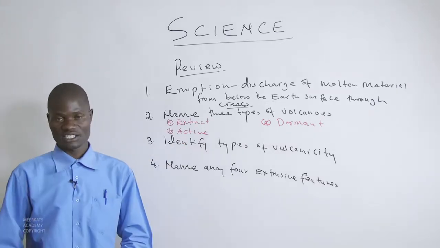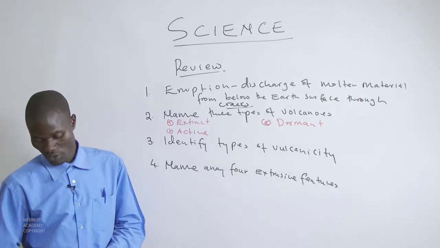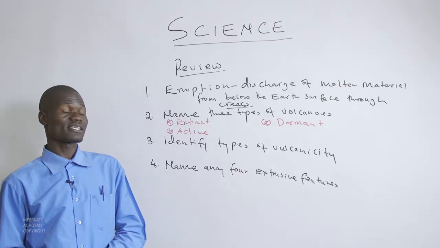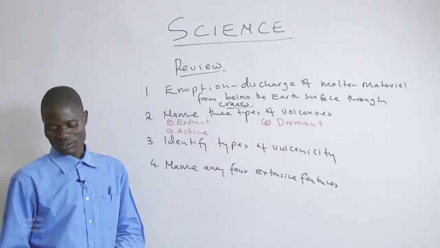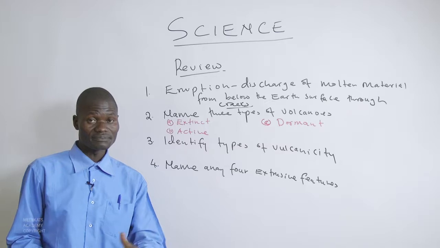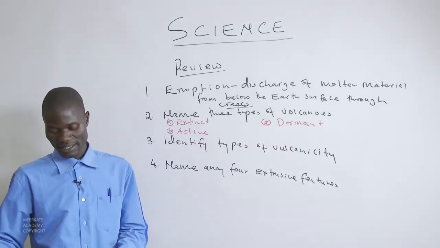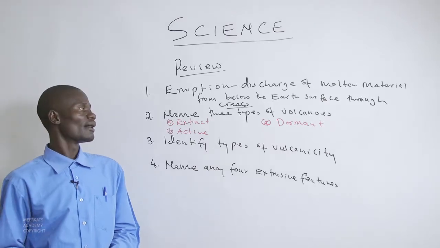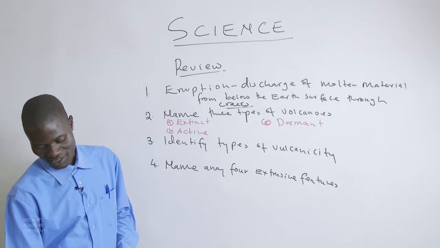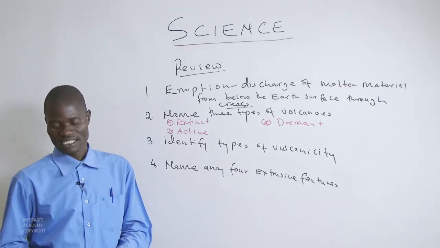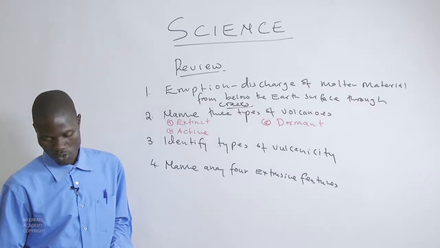Remember, an extinct volcano is one that has not shown any sign of eruption in the recent past, while an active volcano is one that has erupted recently and also shows some sign of eruption in the near future, while a dormant volcano is one that has not erupted for a long period of time.